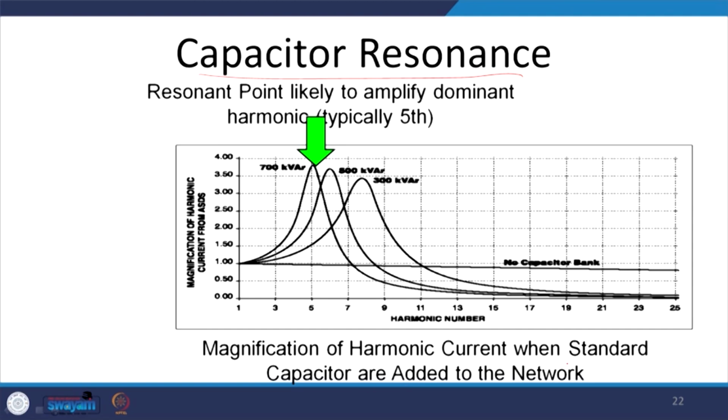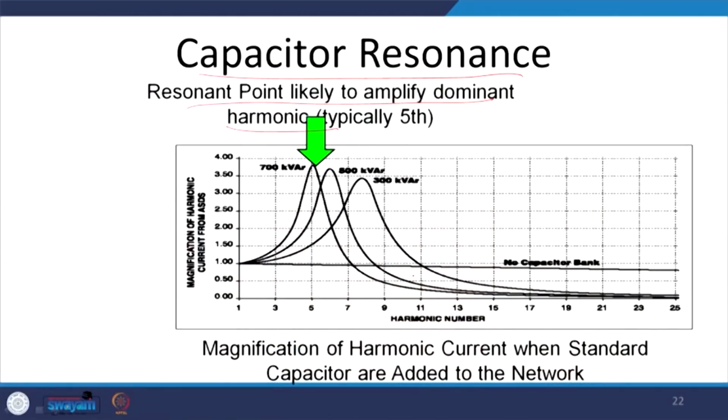You can see that the resonant point is likely to amplify the harmonic, typically the 5th harmonic, depending on the leakage reactance of the transformer and the values of the capacitor. So, what happens here, this is the harmonic order, and this is with no capacitor bank.